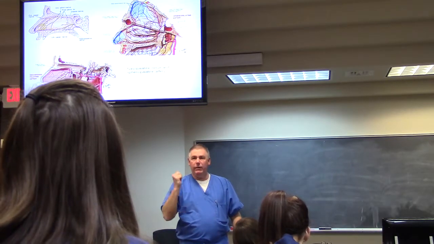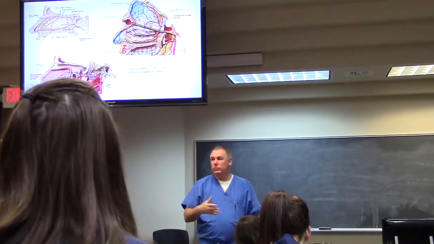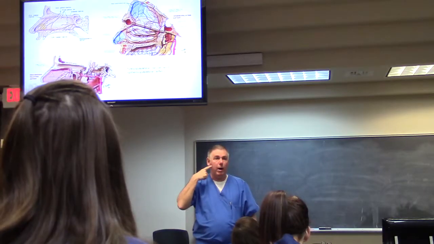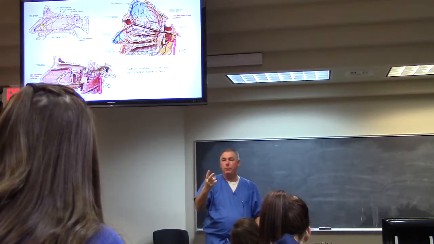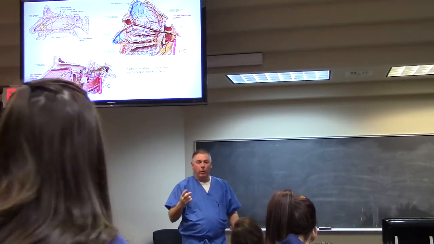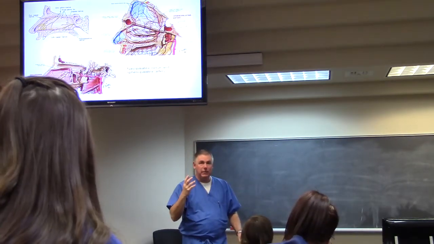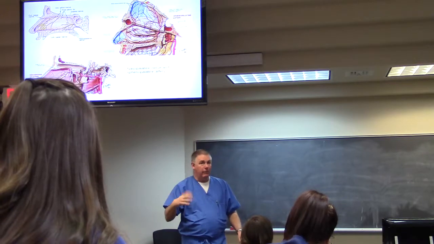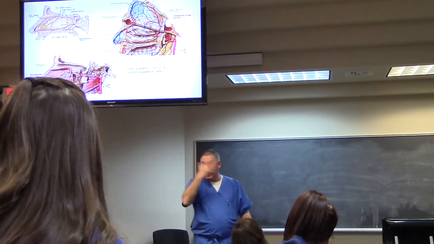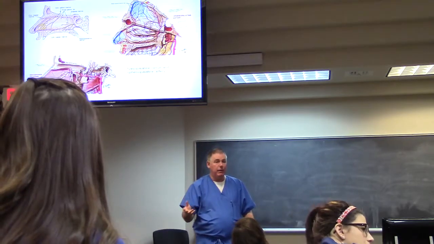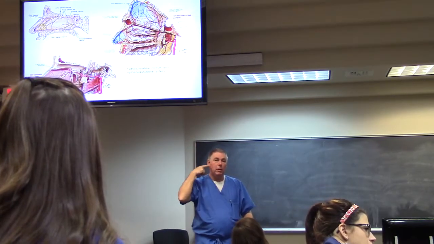The facial, 7. 7 gets everything except the parotid gland, and that's 9. So there are two things you can almost take to the bank. One is whenever we talk about sensation, it's 5. Whenever we talk about visceral efferents, the motor supply to glands of the head, it's 7, except for the glossopharyngeal.